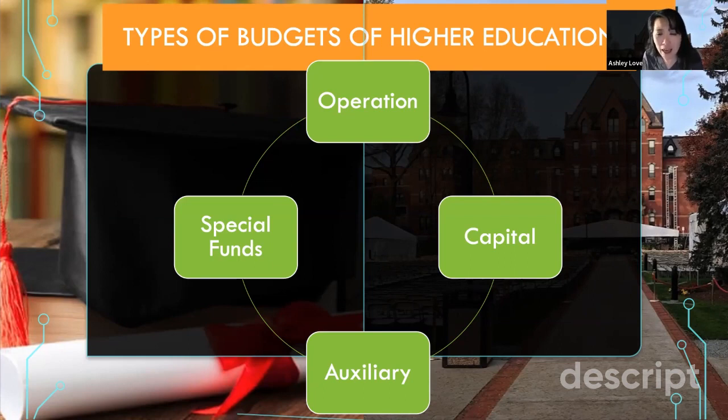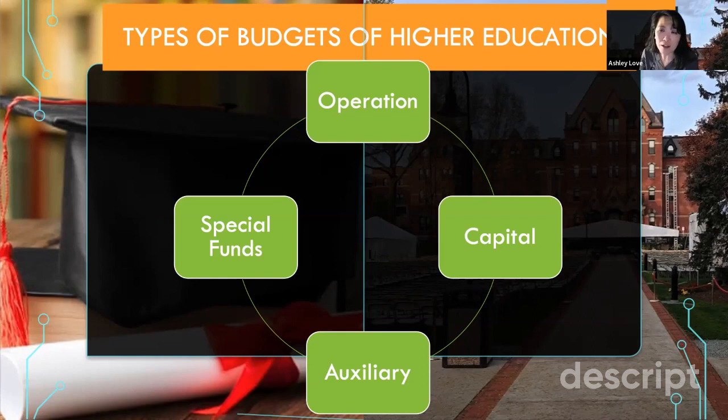We also have the capital, we have special funds, as well as auxiliary funds, so there are different types of budgets in higher education. So these are areas that we should be looking at in terms of not only, like I said, the professors, but there are other operation features that we're not really looking at.